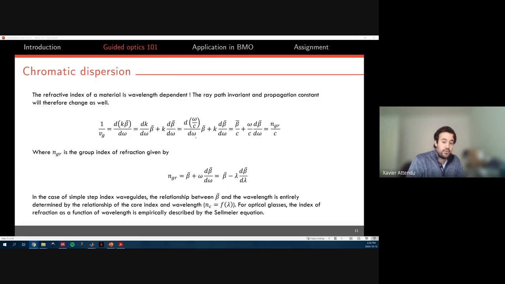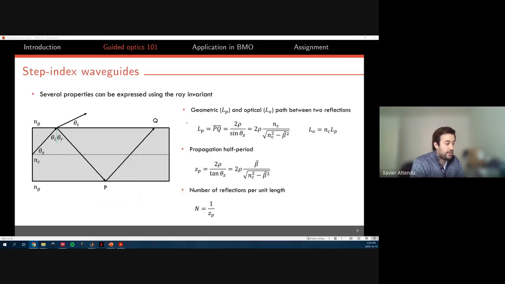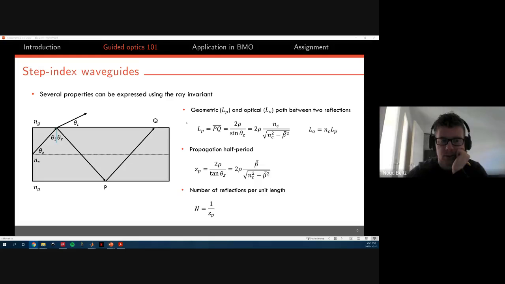So if we have a waveguide that looks like this, which path is the shortest according to you? One straight through the middle. Exactly. And which one is the longest? The one with the most reflections at the edges. Exactly.